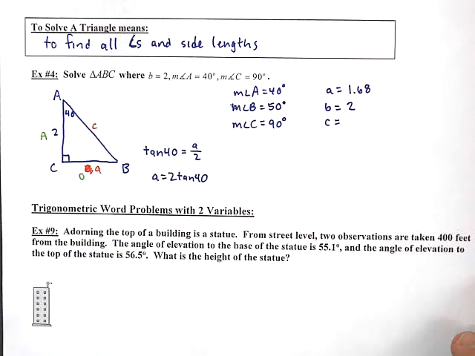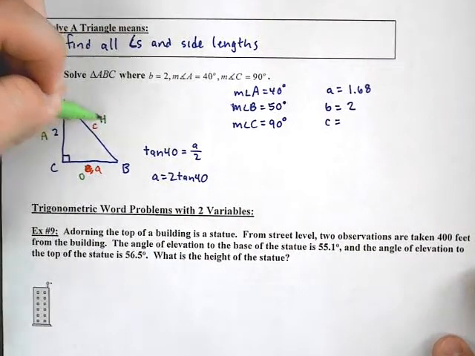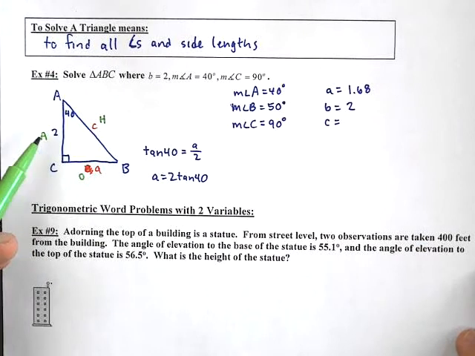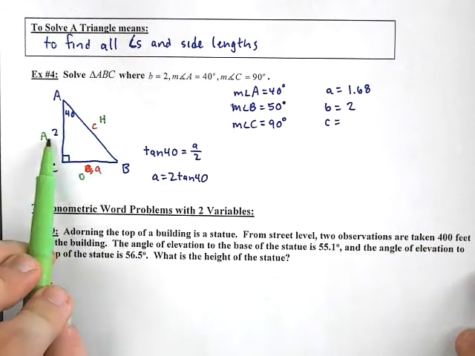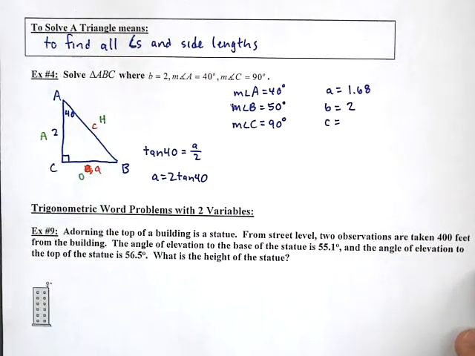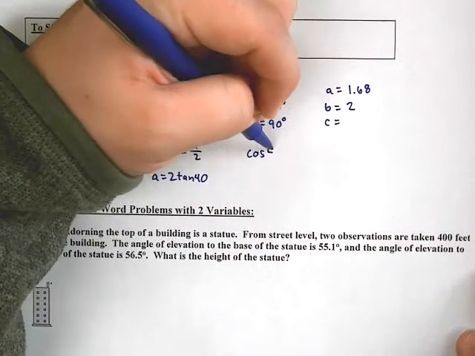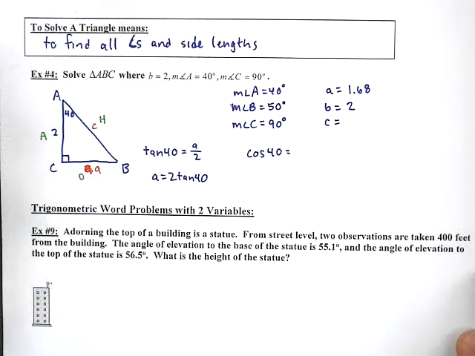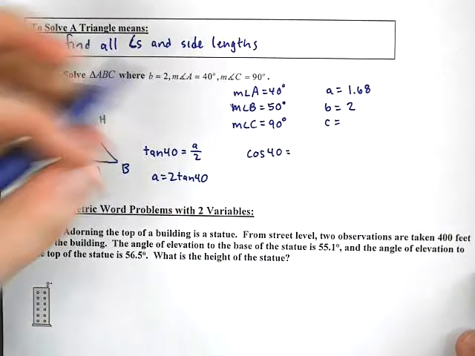Now my other one is going to be a little bit different. Now I have to use the hypotenuse, and I would probably use A and H, or cosine. So I'm going to say now that the cosine of 40 is equal to adjacent over hypotenuse, or 2 over c.